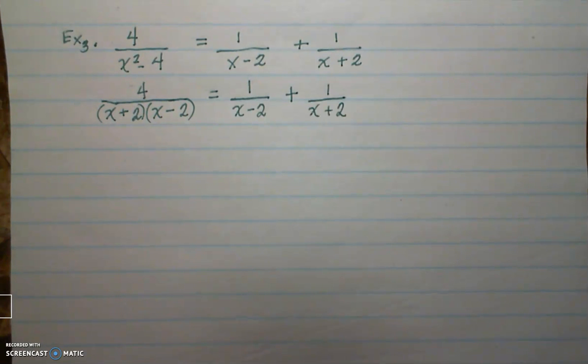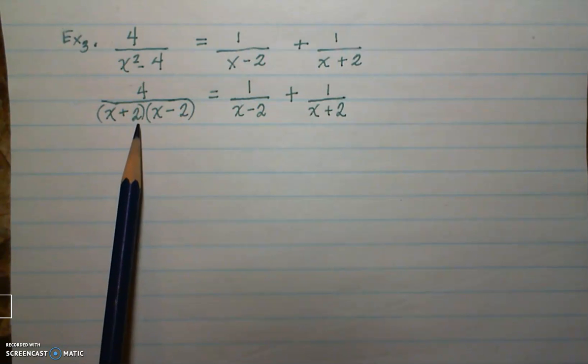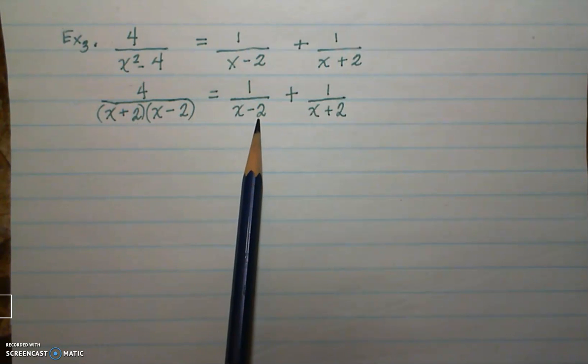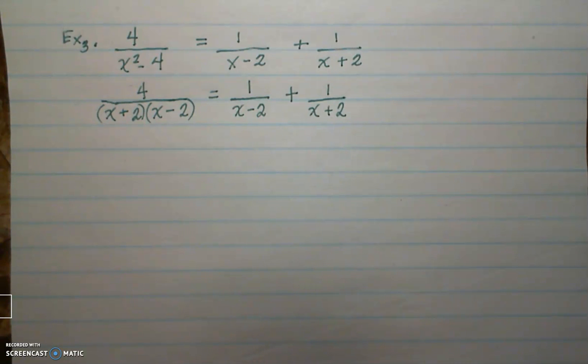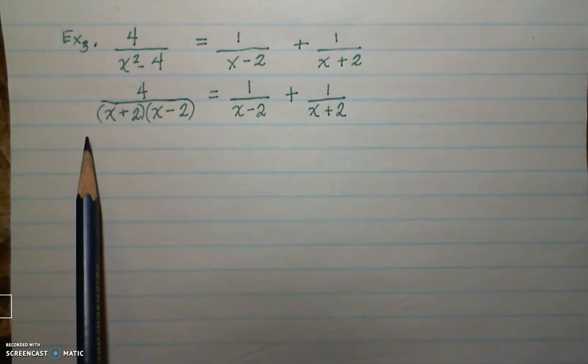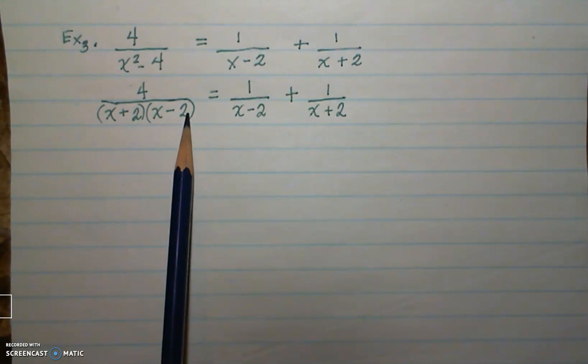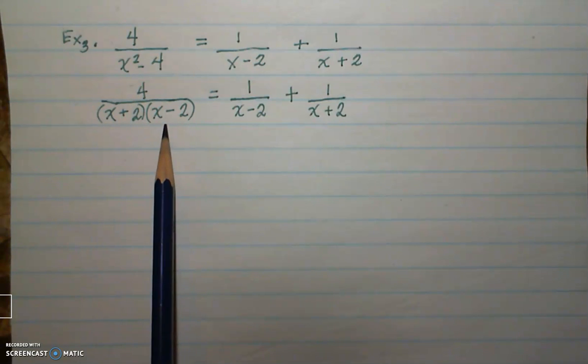All right, so after that, we're going to analyze your denominators in order for us to get the LCD. So let's examine this. On here, you have x plus 2 times x minus 2, and this has x minus 2, and this has x plus 2. So what is the least common denominator? The least common denominator, guys, is going to be this one, and let me explain why.